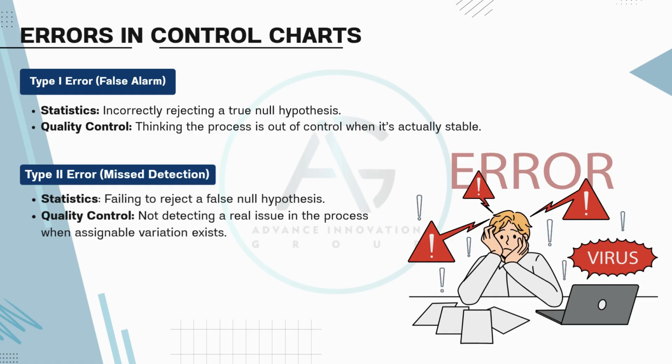The illustration of the person overwhelmed by errors and alarms emphasizes the confusion and potential consequences of misinterpreting process control data, either overreacting to stable processes or underreacting to real problems. Accurate interpretation of control charts is essential to avoid these errors and maintain efficient, reliable operations.